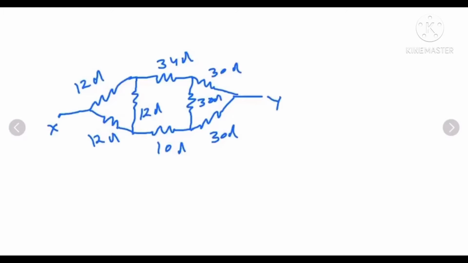So we can easily identify that we have two deltas. One delta is here, another is here. We have two deltas in our circuit.